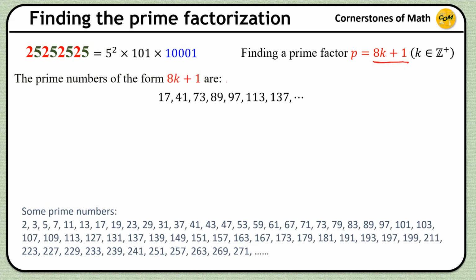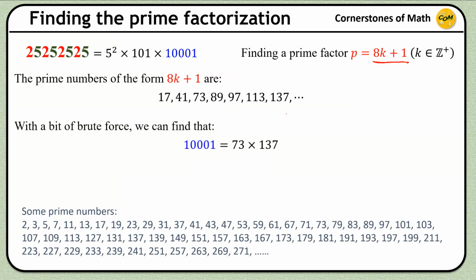The prime numbers of the form 8k plus 1 are 17, 41, 73, 89, and so on. Unfortunately, there's no way around the brute force here, so we have to do a bit of brute force of dividing by these prime numbers. Still, you will quickly find out that 10,001 is divisible by 73 to give 10,001 equals 73 times 137.